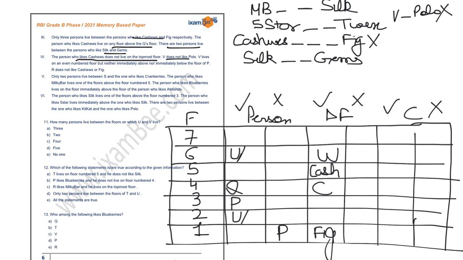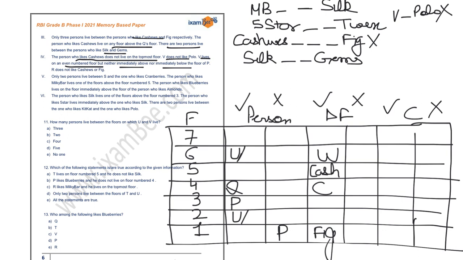Simultaneously it is given to you that V lives on an even number floor but neither immediately above nor immediately below the floor of P. So the floor of P is the third one, so V can't live at floor number 2 and can't live at the fourth floor, and it is given that V lives on an even number floor, right?